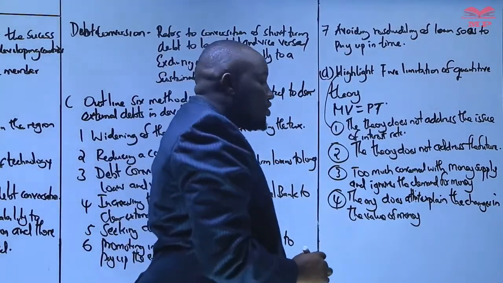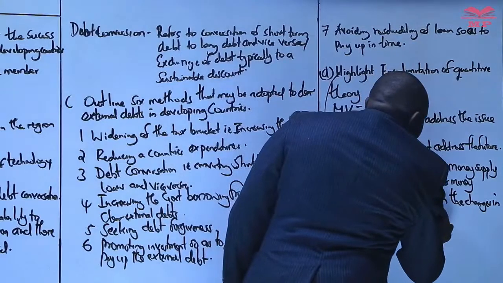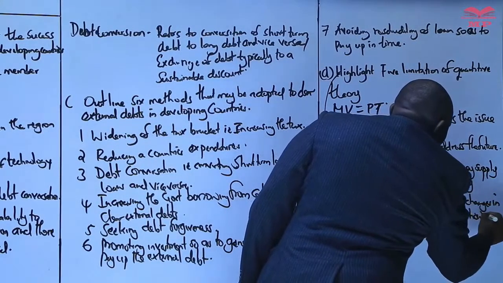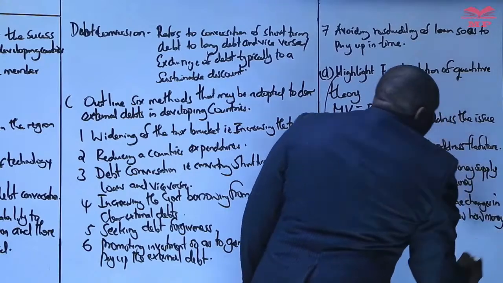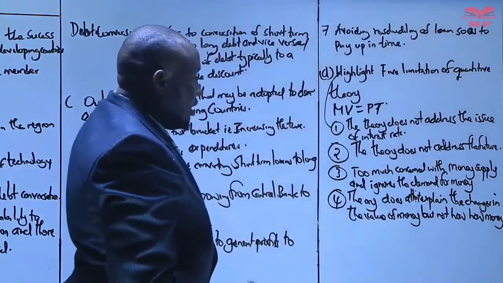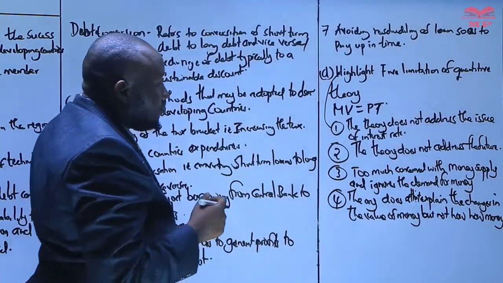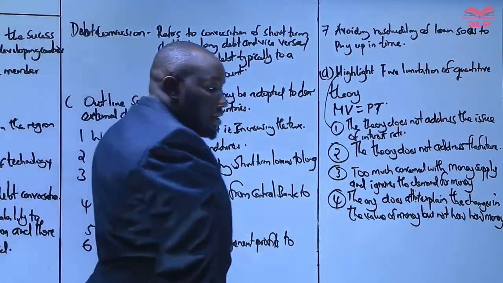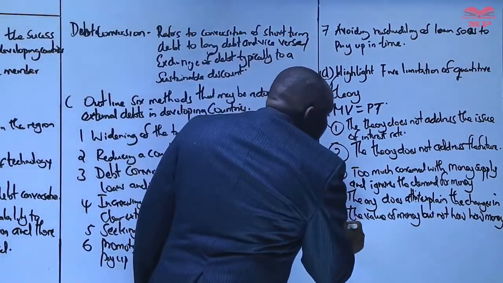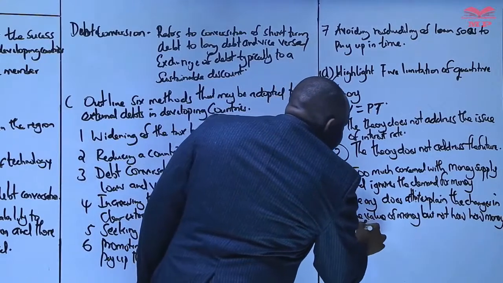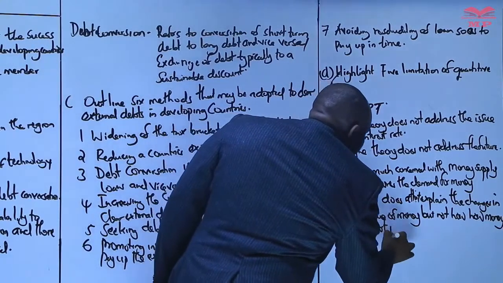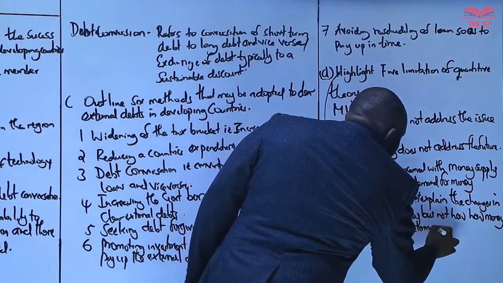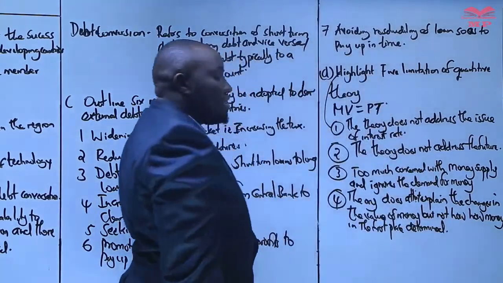The theory attempts to explain changes in the value of money, but not how money is in the first place determined.